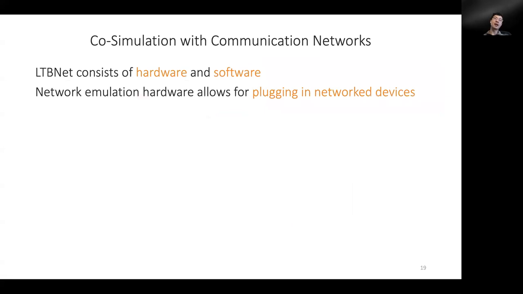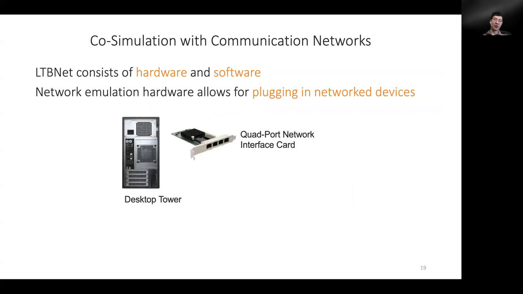So the LTB-net network emulator consists of software and hardware. The reason to include hardware is to allow for plugging in network devices. It is implemented using a commodity desktop tower, using a few of those quad-port network interface cards.